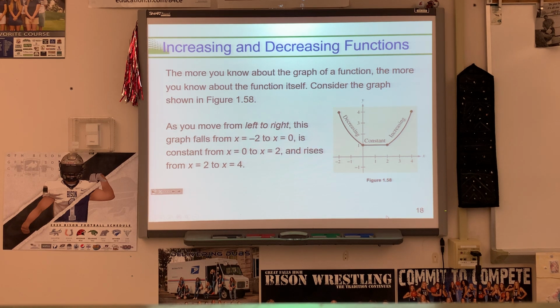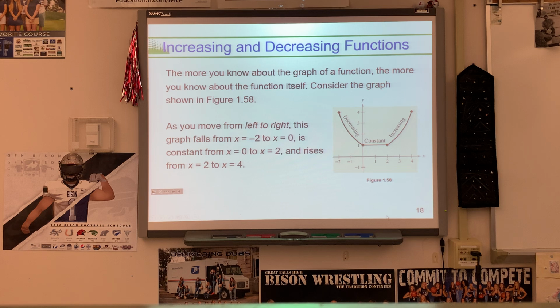Now, our book takes the stance that it cannot be decreasing, constant, or increasing at any specific point. A point in and of itself is not increasing, decreasing, or constant, which makes some sense. You need to have points around it. If I'm going 2 miles an hour at that instant, I can't necessarily say whether my speed is increasing or decreasing.